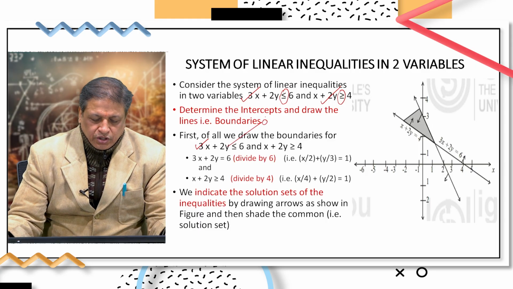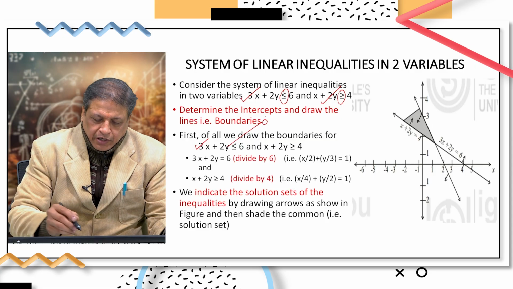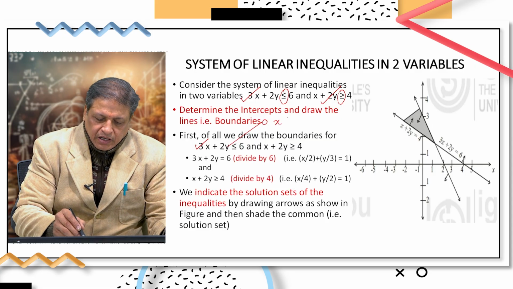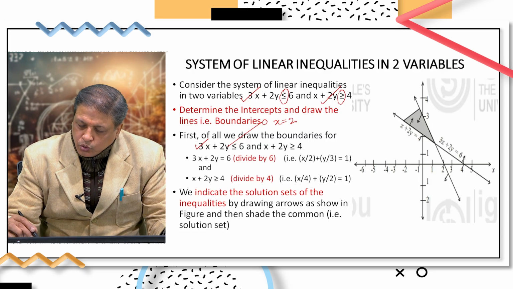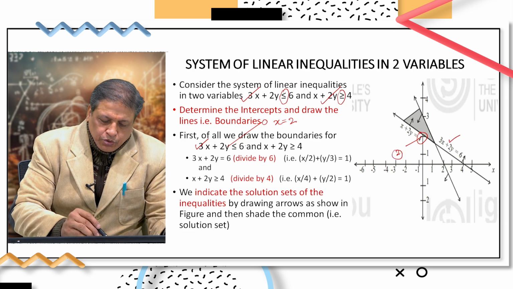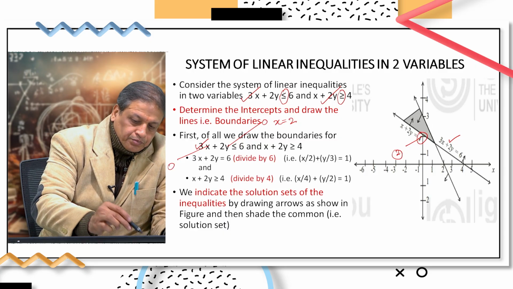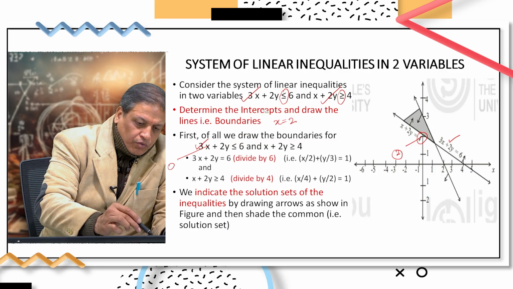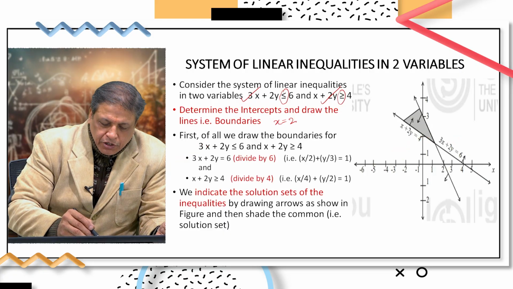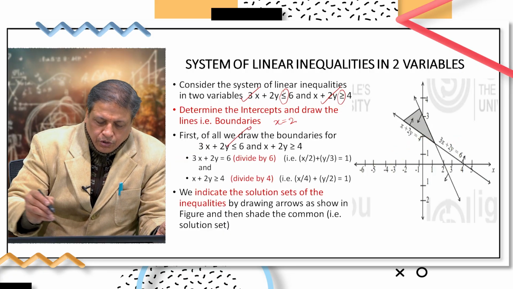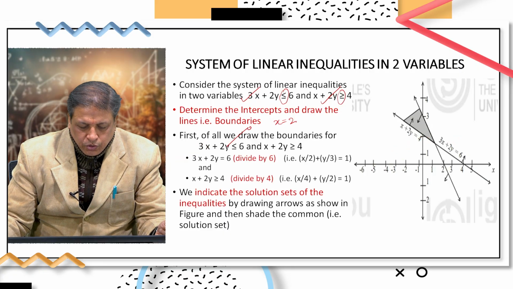Substituting y is equal to 0 and rearranging the equation, you will get that the x-intercept turns out to be 6 by 3, that is equal to 2.